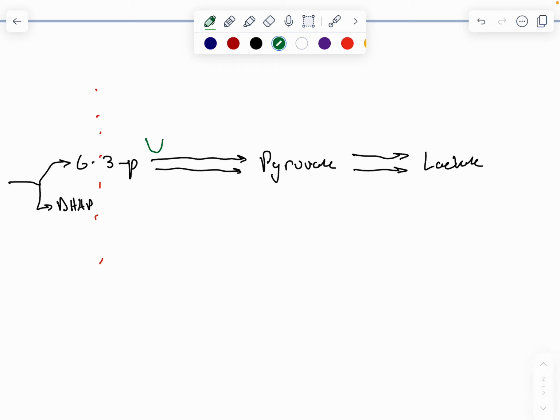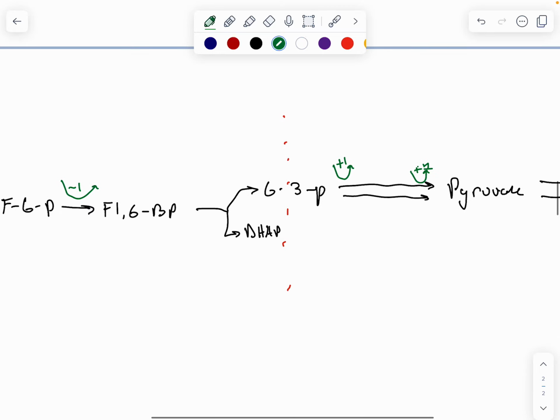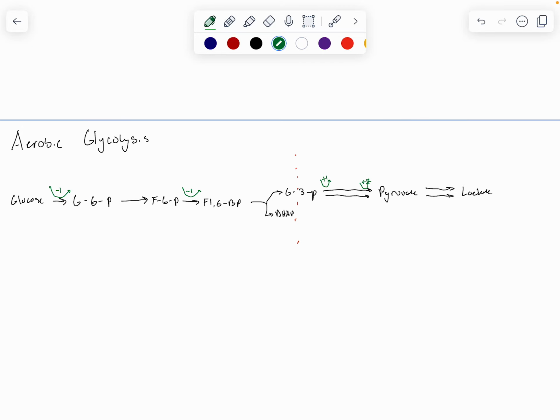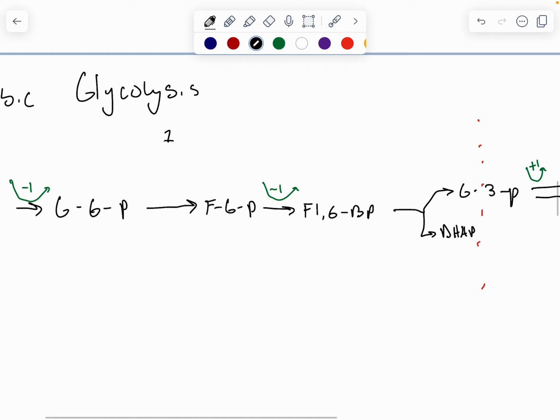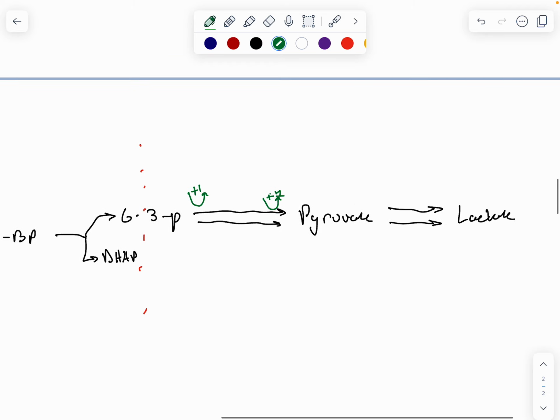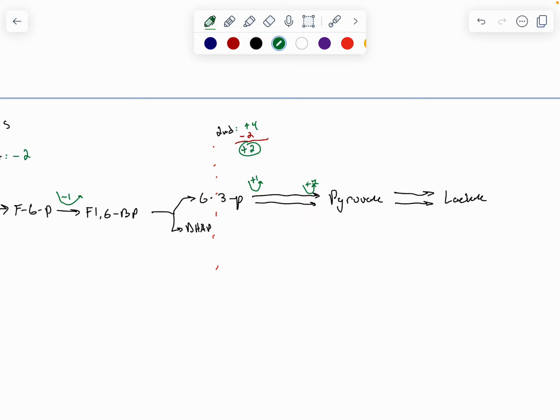And then right here we're going to be generating an ATP, and right here we're going to be generating an ATP. So if we want to keep track of our ATP counts, the first stage, which is the investing stage, is -2. Over here in our second stage, since everything happens twice, we're technically generating 4 ATP, but when we subtract the 2 from the investing stage, we're left with a net total of plus 2 ATP for all these beginning stages here.